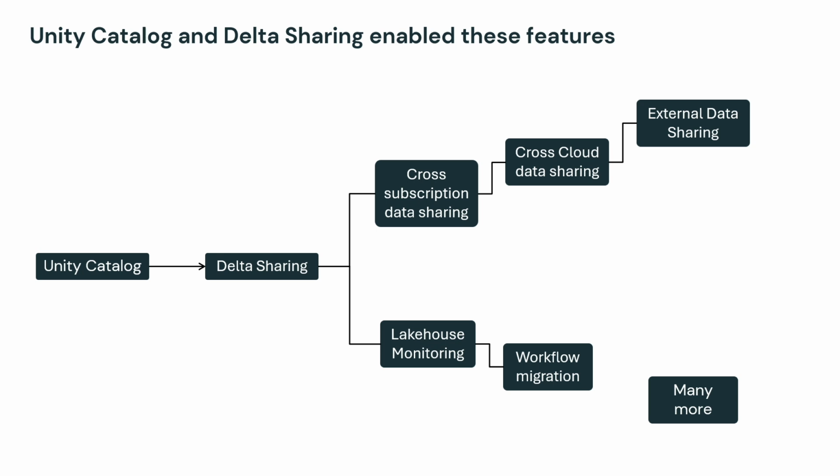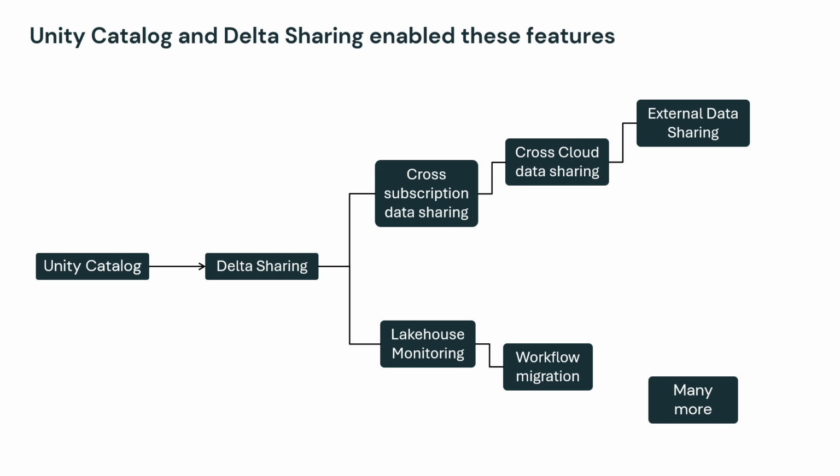Coming back to the big picture, what has happened so far is by enabling Unity Catalog, we enable visibility across disjointed workspaces. Delta Sharing removes ETL and shared access to blob stores. And on the upper branch, you see expanding scope of cross-subscription, cross-cloud, and then finally cross-company data sharing.